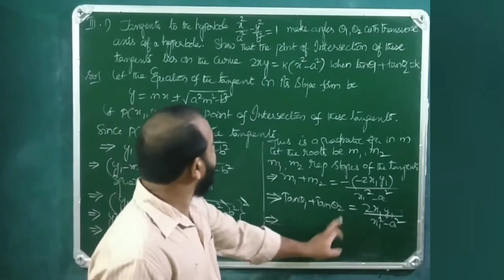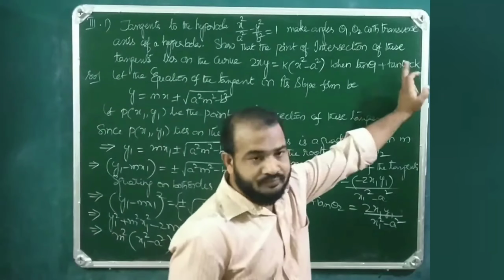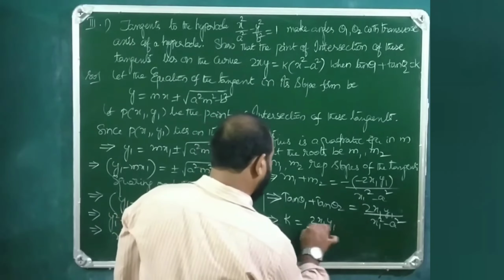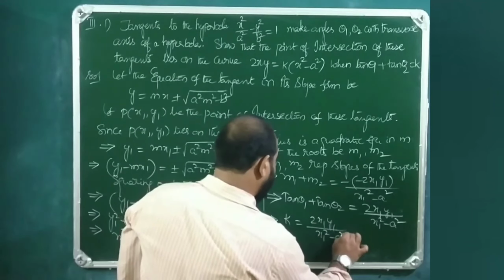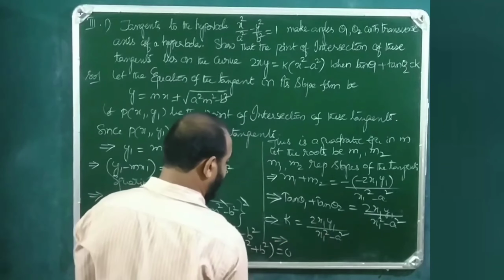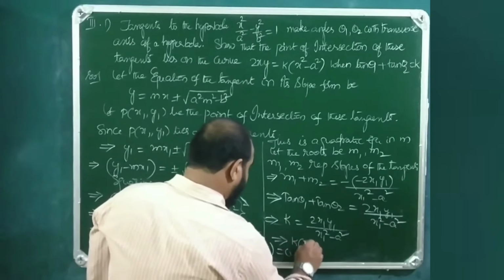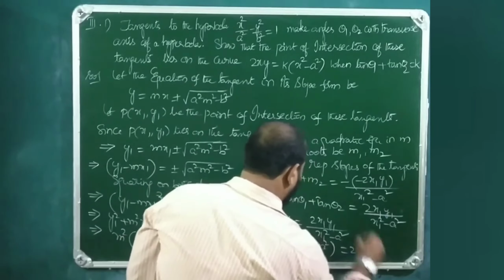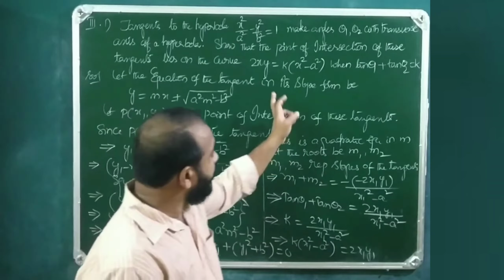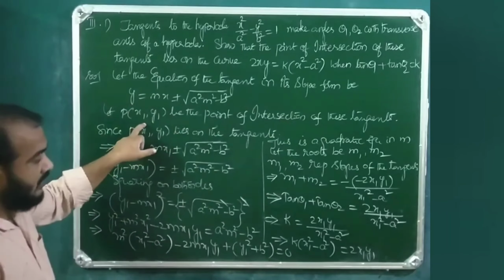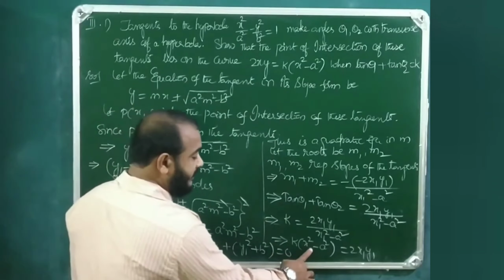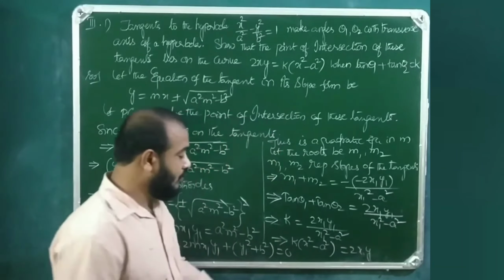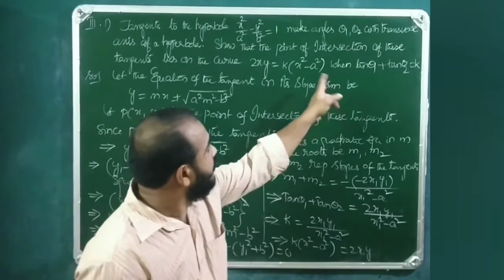Given that tan θ1 + tan θ2 is k, k = 2x1y1/(x1² − a²). Cross multiplying, k(x1² − a²) = 2x1y1. Therefore, the locus of the point P(x1, y1) is k(x² − a²) = 2xy. This is what we need to prove.